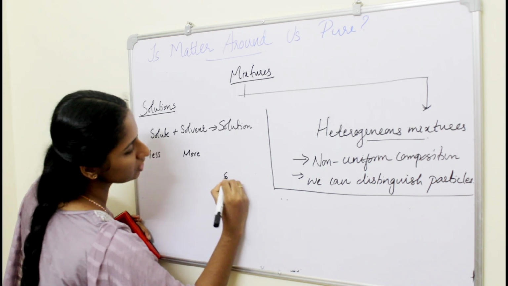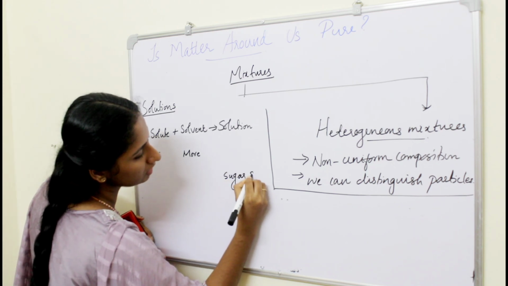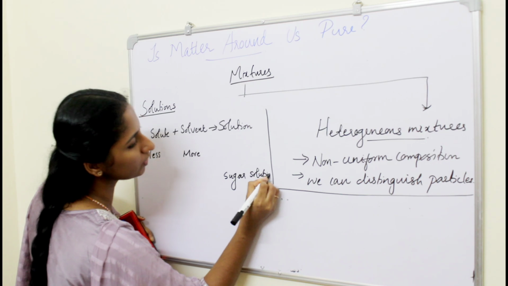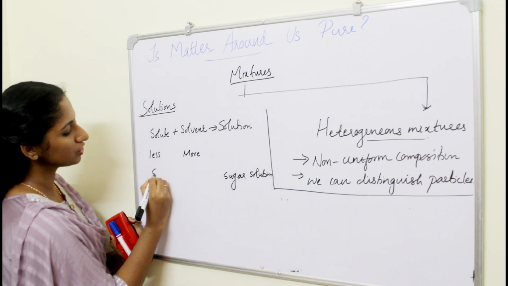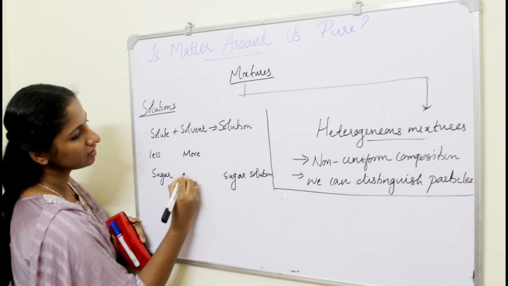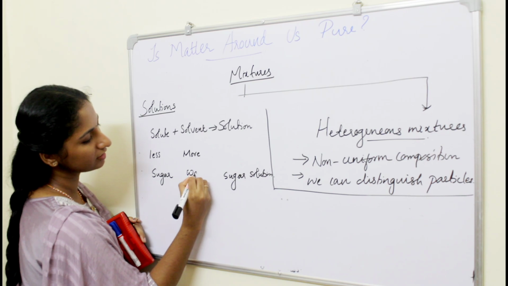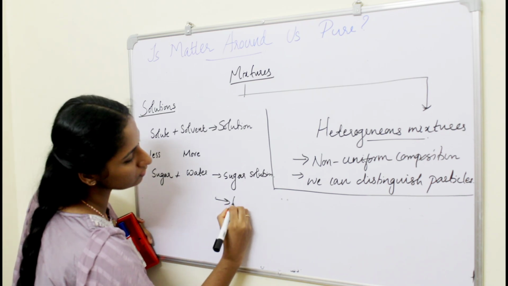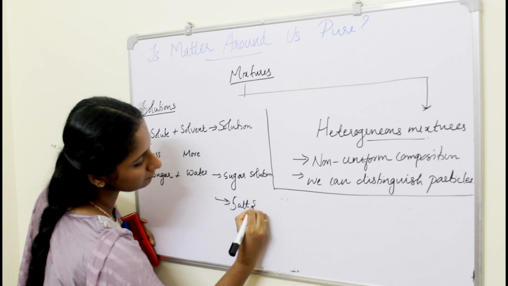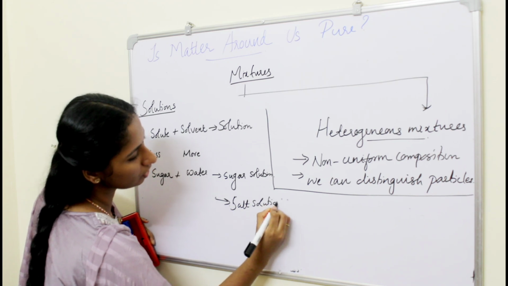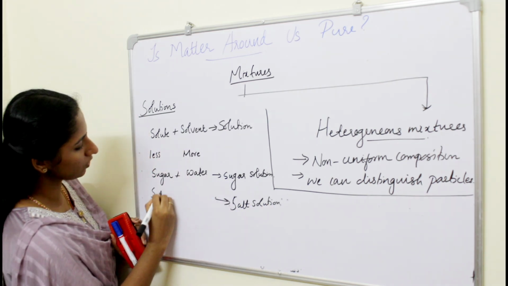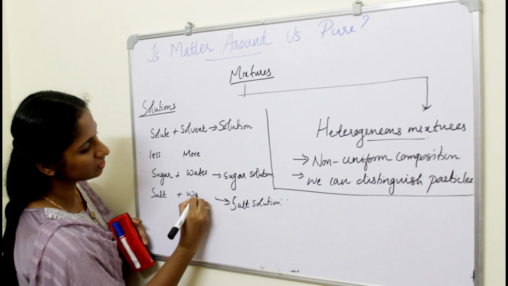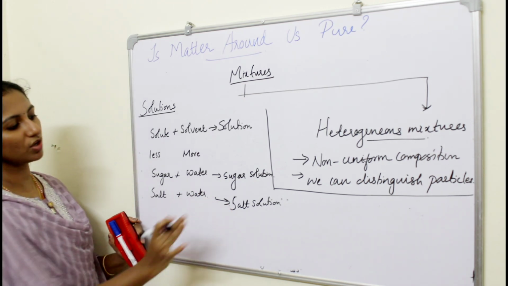Take sugar solution. What is the solute in sugar solution? Sugar is the solute and the solvent is water, and then we get sugar solution. What about salt solution? Salt is the solute and water is the solvent, and then we get salt solution.